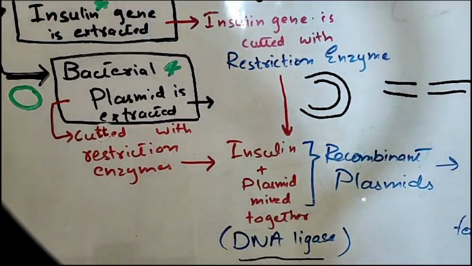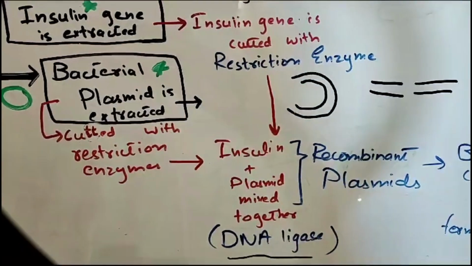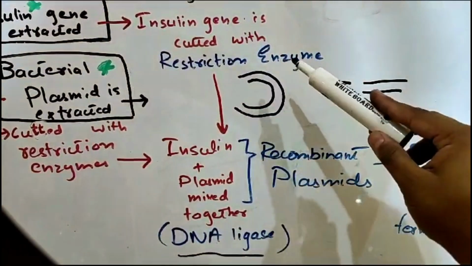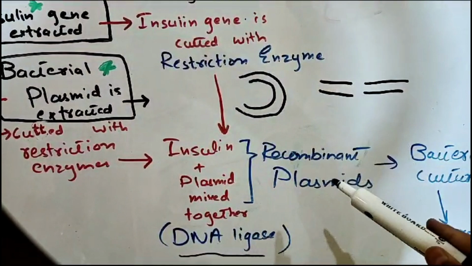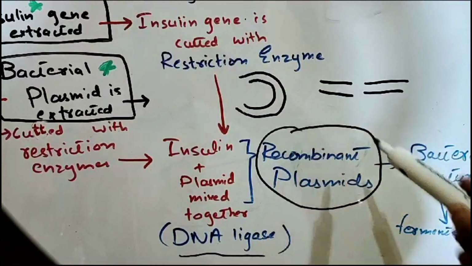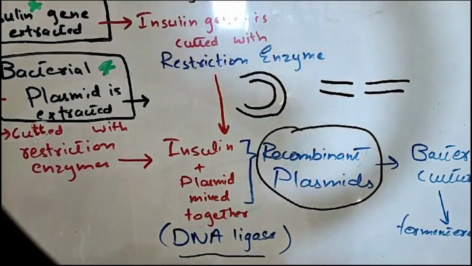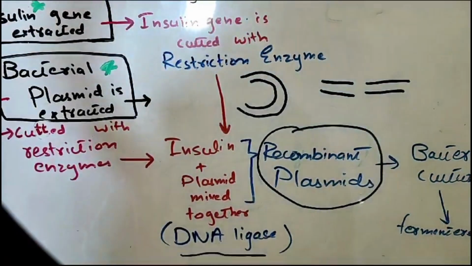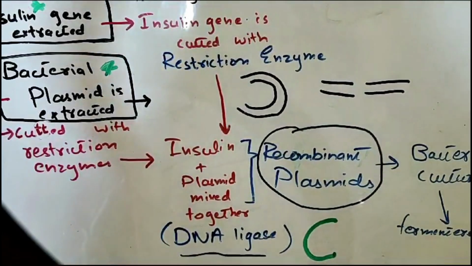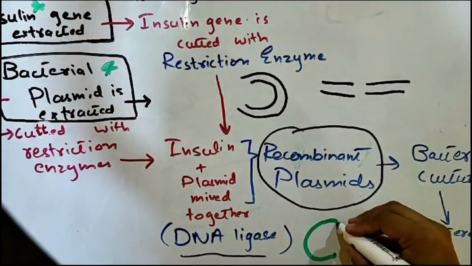Now, what's the next step? This sample which is now produced is a recombinant plasmid. The bacterial plasmid has a human gene as well.